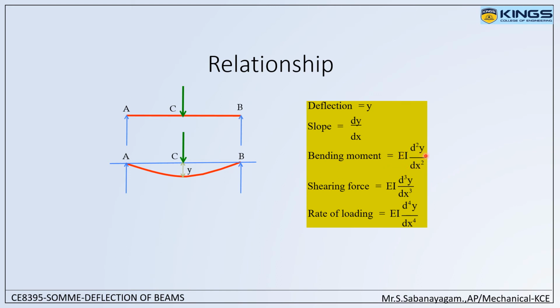So this relation is represented in the previous slide. M is equal to EI d square y by dx square. This d square y by dx square is termed as the radius of curvature, and EI is the flexural stiffness, right? On differentiating this bending moment we will get shearing force, and on again differentiating we will get rate of loading. So this is the relation.